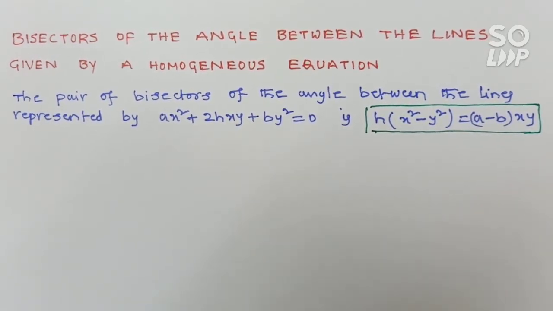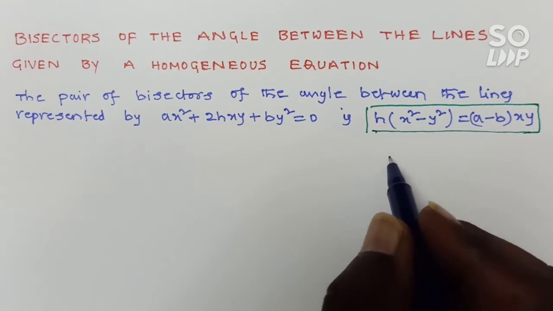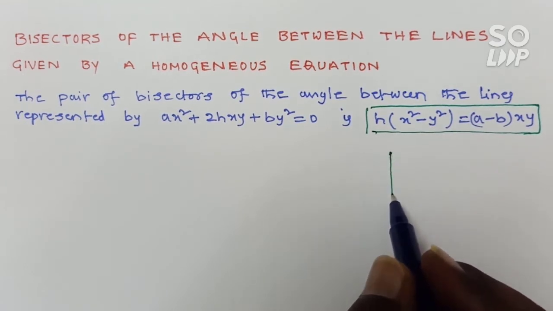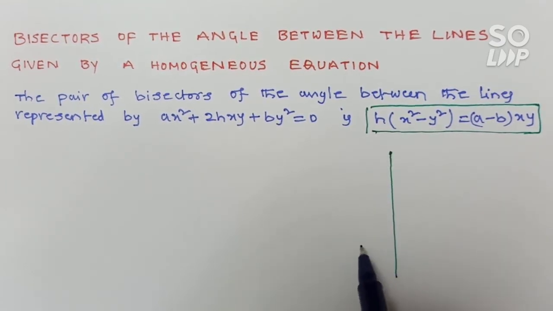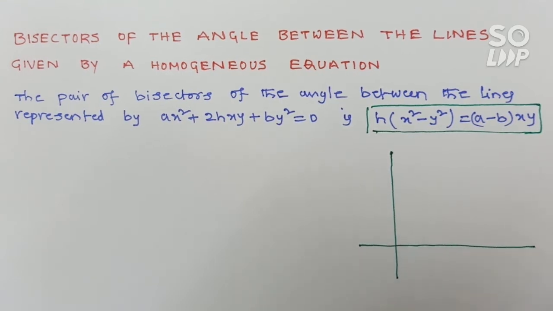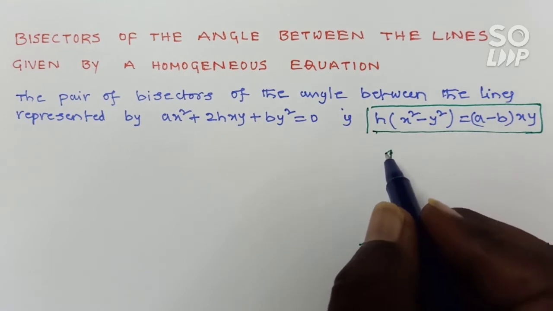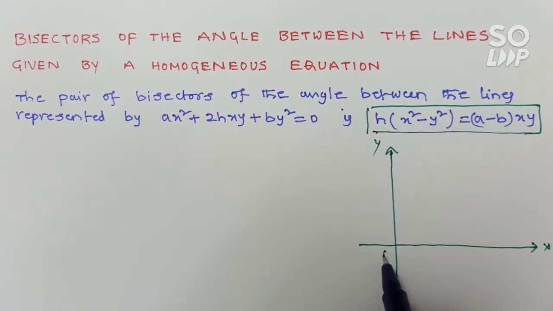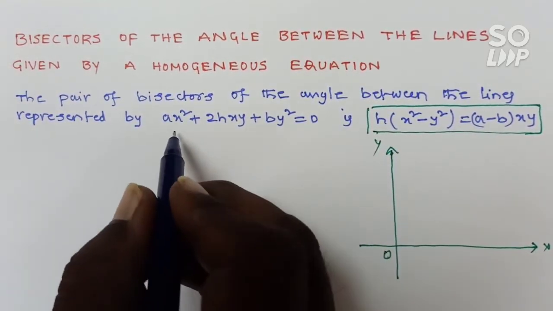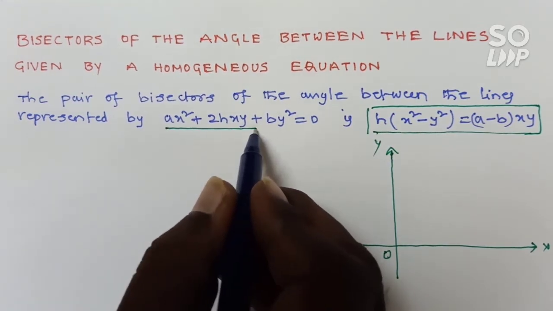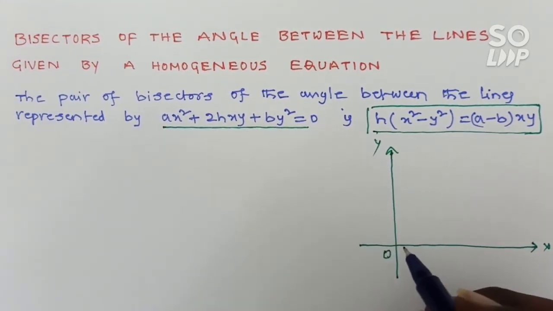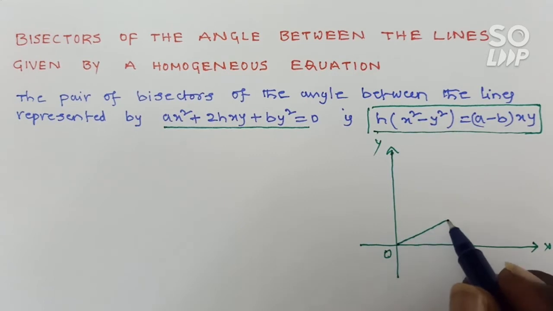It's a very simple thing. Please all of you observe this. This is the xy plane, and the given equation represents two lines passing through the origin.